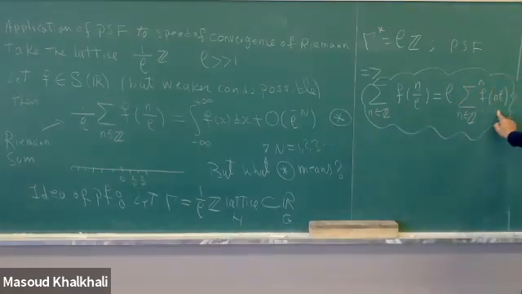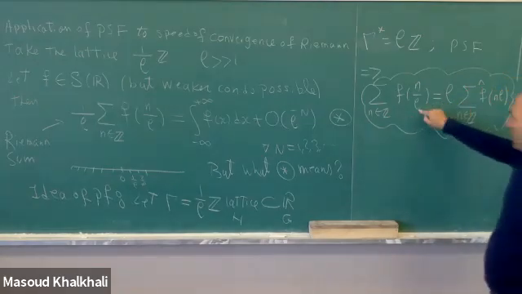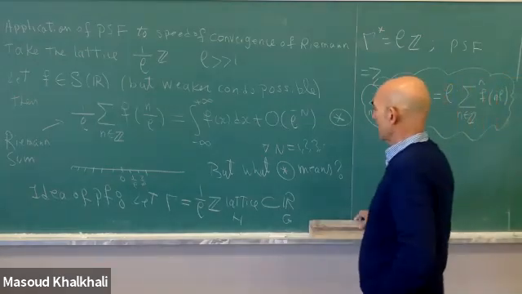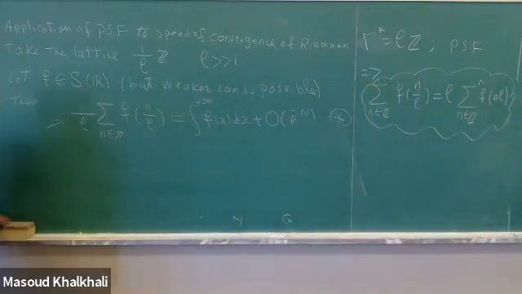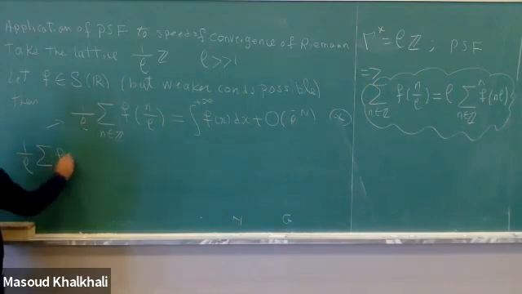So far we have this. So you divide by L, what do you get? If you divide by L, you're going to get 1 over L sum of f of n over L. That's the left-hand side. That's exactly the Riemann sum now.